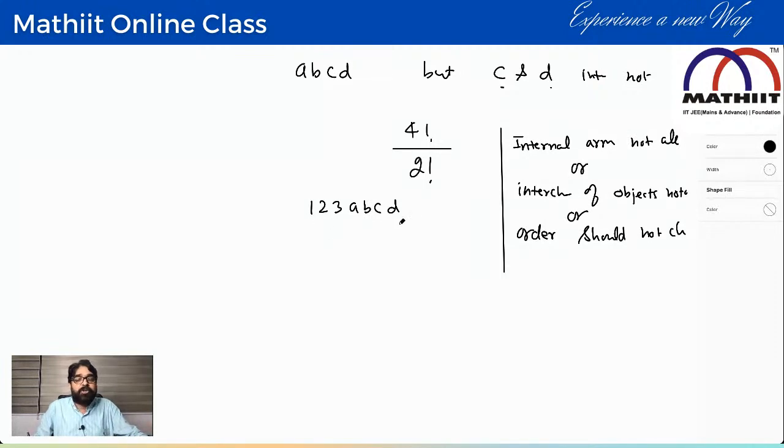So first assume everything is allowed. Total how many arrangements? I will say 3 plus 4, 7 factorial, divided by those whose internal arrangement is not allowed. 1, 2, 3 internal arrangement is not allowed. They can do internal arrangement in how many ways? If they are the only 1, 2, 3, they can do it by 3 factorial. So divide by 3 factorial. Finish.